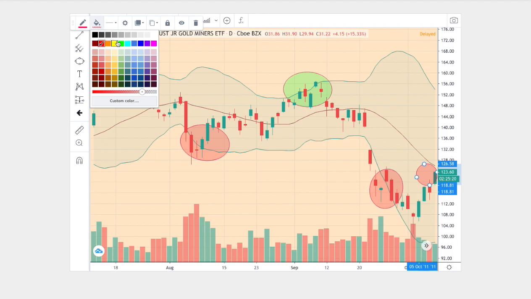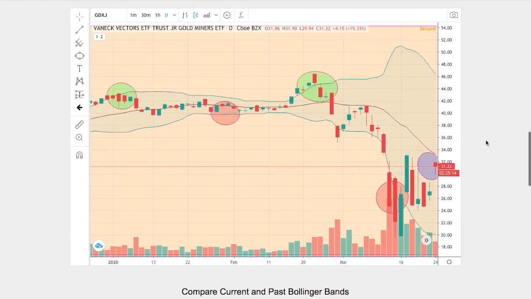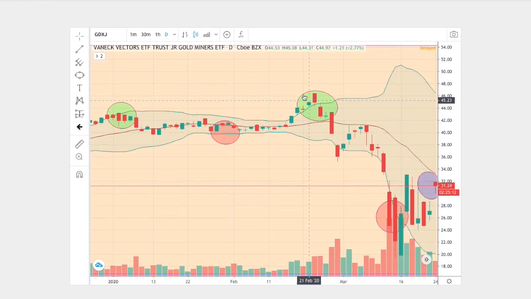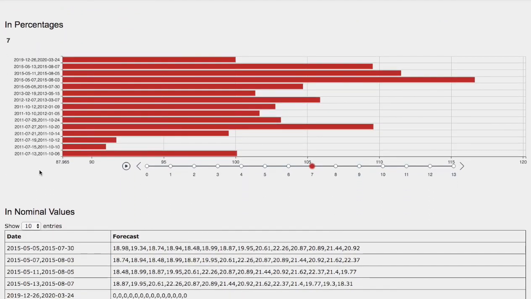So we have those points there. So what we have is 1, 2, 3, 4, 5 points, and on the current trend we also have 1, 2, 3, 4, 5 points. So there's reason to believe if the trends and patterns are the same, the outcome and forecast should be fairly the same.